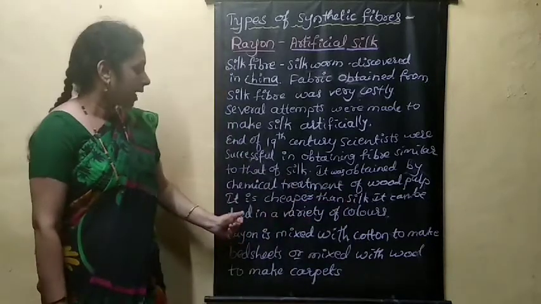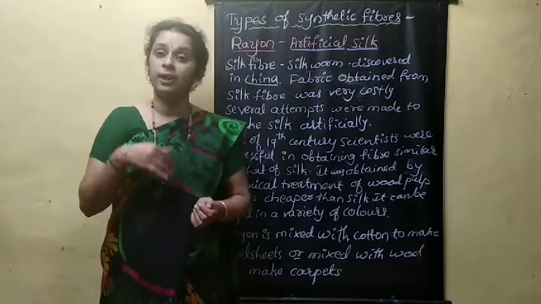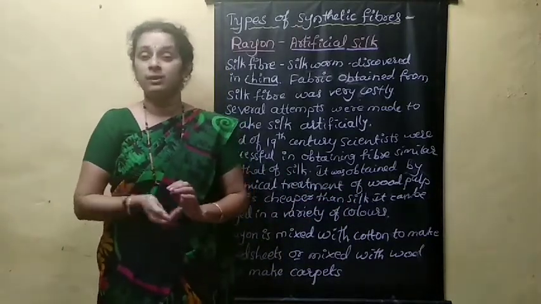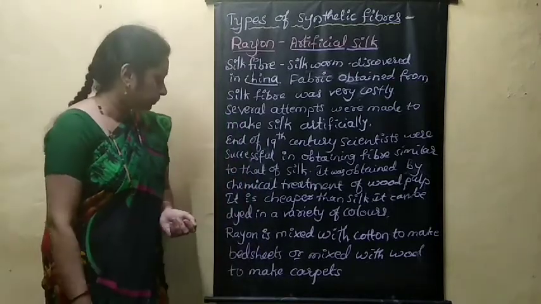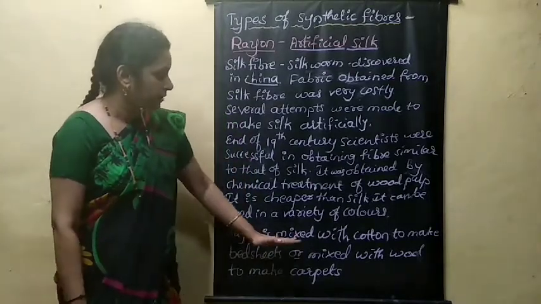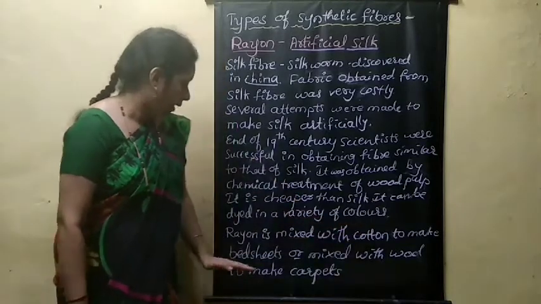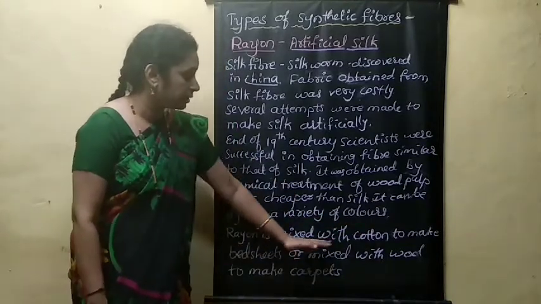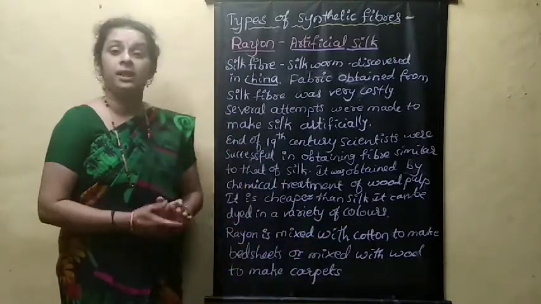It can be dyed in a variety of colors. You can add dyes to give different colors to rayon. Rayon is mixed with cotton to make bedsheets, or mixed with wool to make carpets.